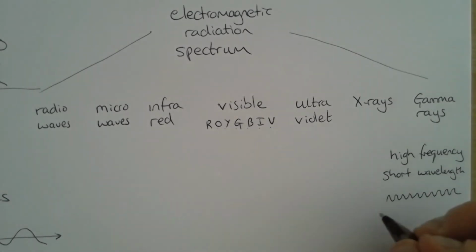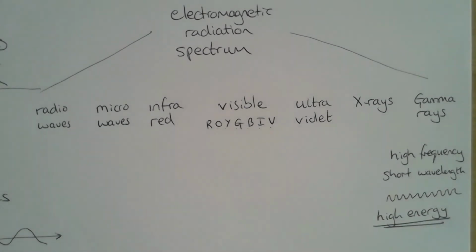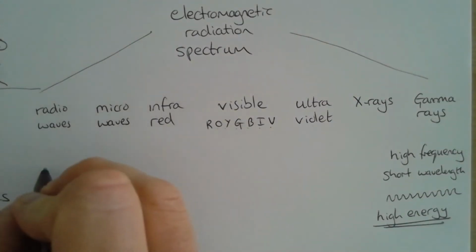Because of that, they have a very high energy. Gamma rays, whilst they can be used to treat cancers, aren't very good for us, and that's why it's one of the last treatments that we would use if we're trying to treat someone with a cancer.